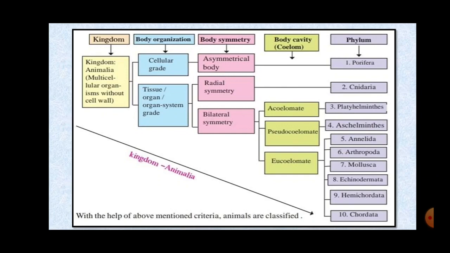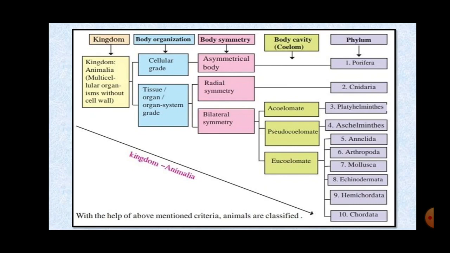Then there will also be some organisms which belong to the tissue organ system grade body organization, but they show bilateral symmetry. Then you have body cavity to study. So as the phyla get higher and higher, you would be able to see more and more criteria being present. The animals would be much more developed.